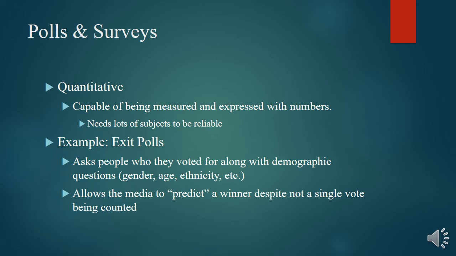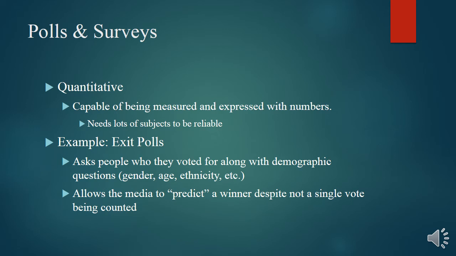Like anything statistics related, you're going to need a lot of subjects to make that data reliable and useful. But a good example of that might be the kinds of exit polls that are taken after or during our national elections, where people are asked who they voted for as they leave the polling booths, right? Who did you vote for?